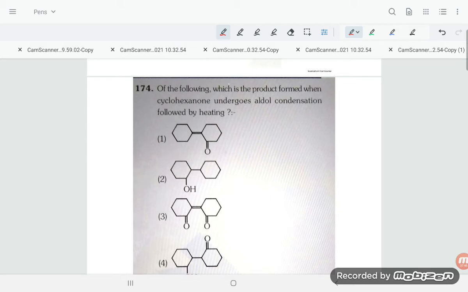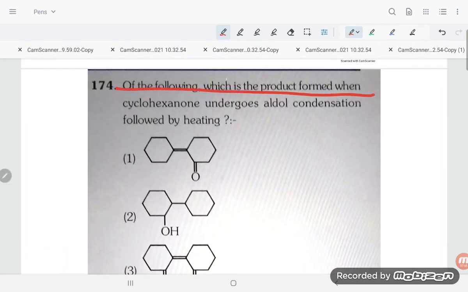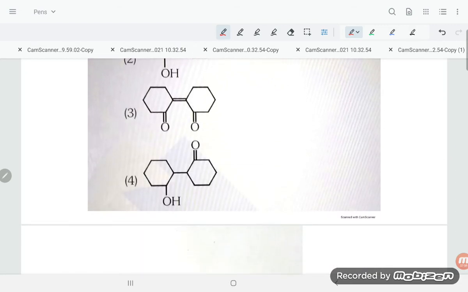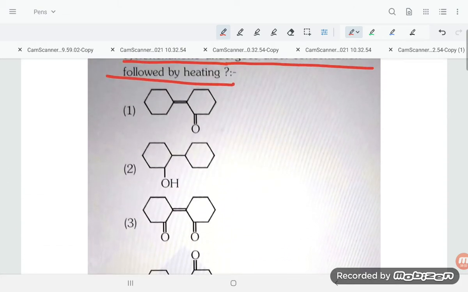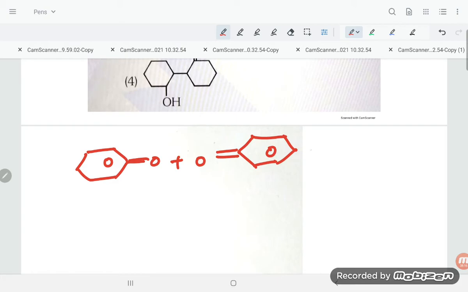So for aldol condensation, we have cyclohexanone C=O.